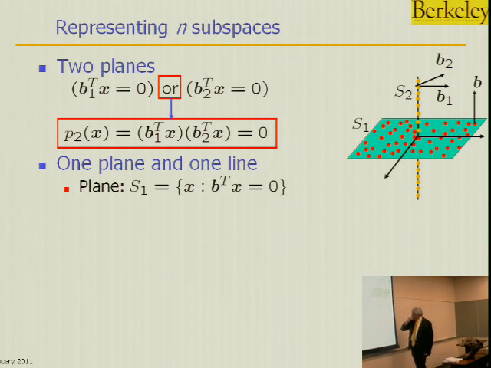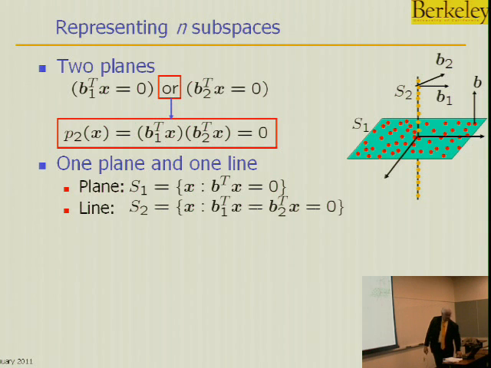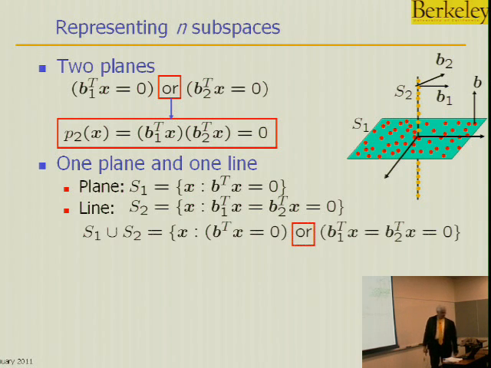Well, the plane again corresponds to B transpose X equals 0. The line corresponds to B1 transpose X equals 0 and B2 transpose X equals 0. So how do you then say it lies either on S1 or S2? How do you say S1 union S2?